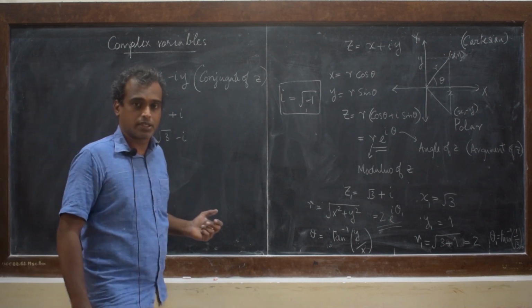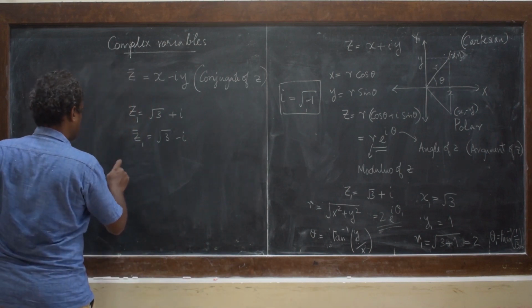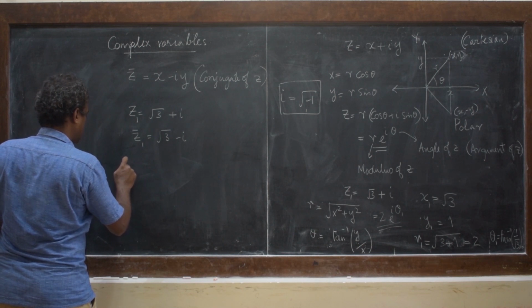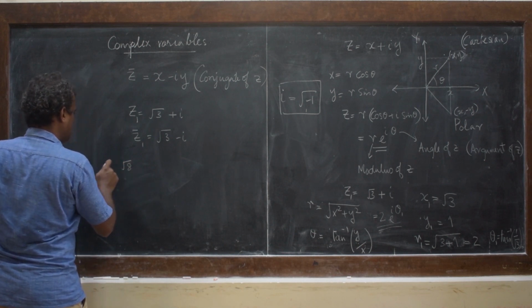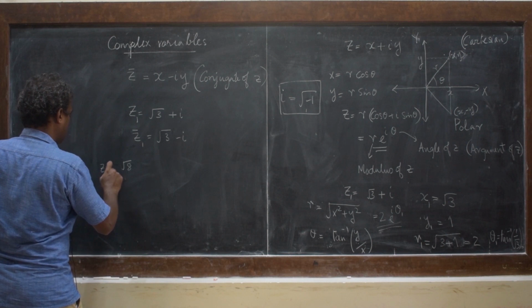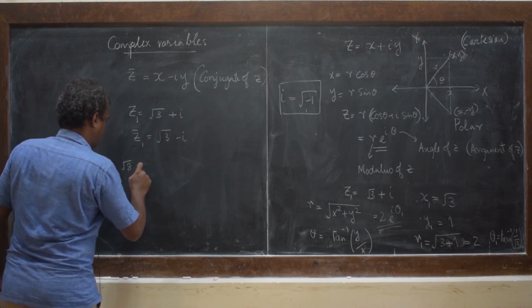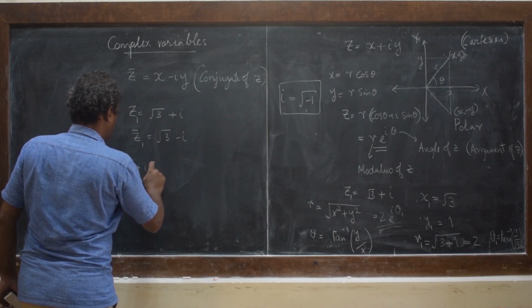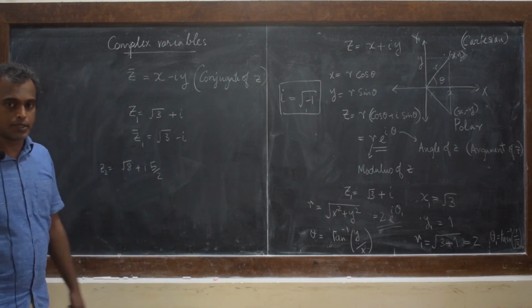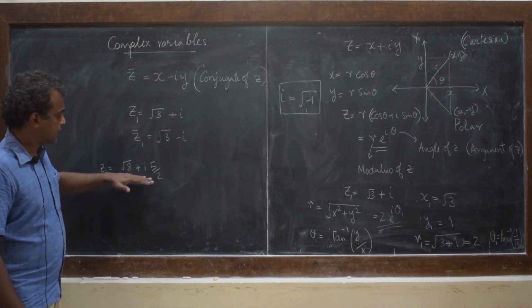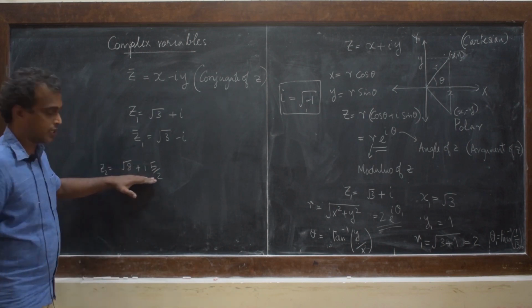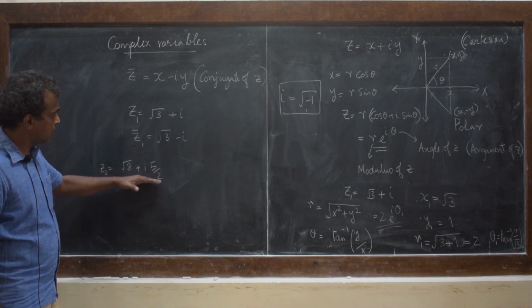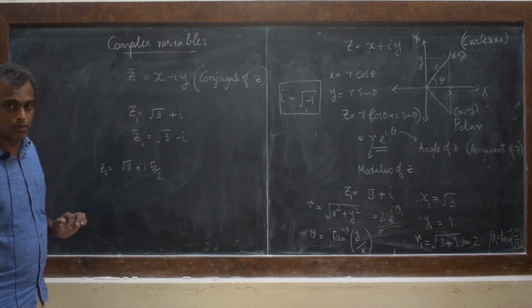Let us pick one arbitrary point, a complex number z2 with square root of 8 plus i into 5 over 2, and try to see that the same thing, which I have written in Cartesian form, can also be written in terms of z1 and z1 bar.